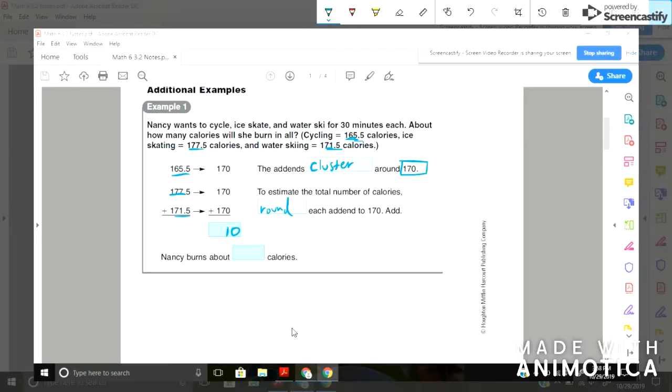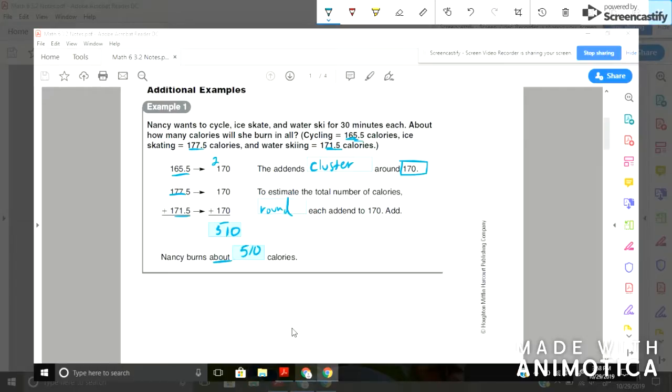Carry my 2. 2, 3, 4, 5. Okay, so Nancy burns about 510 calories. Really good estimation. We probably don't need to be more precise than that. We're pretty close, and whenever it says about, you can just be close. That's another way of saying it's okay to estimate.